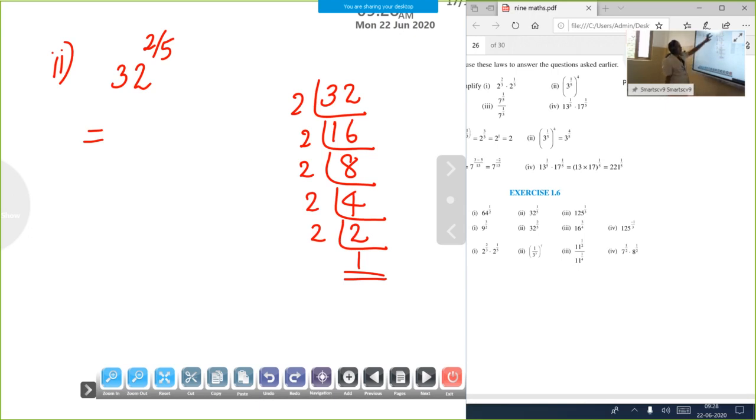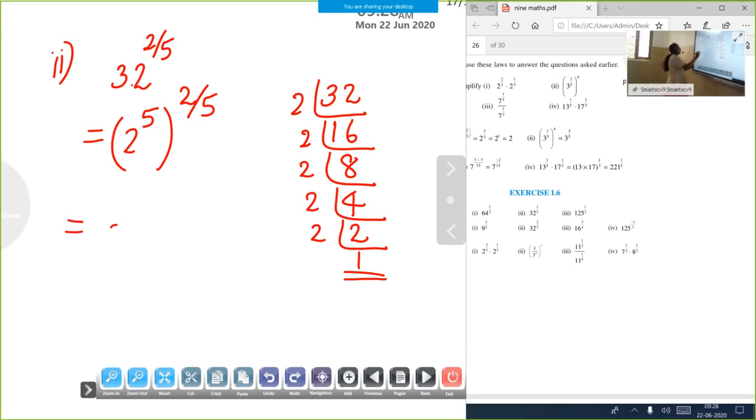How many 2's are there? 1, 2, 3, 4, 5 2's are there. So in the place of 32, we can write 2 raised to 5, the whole raised to 2 by 5.